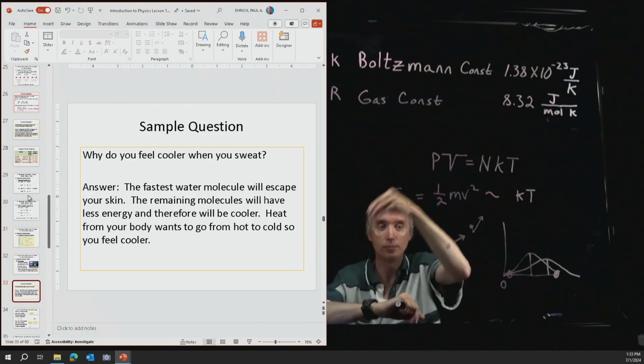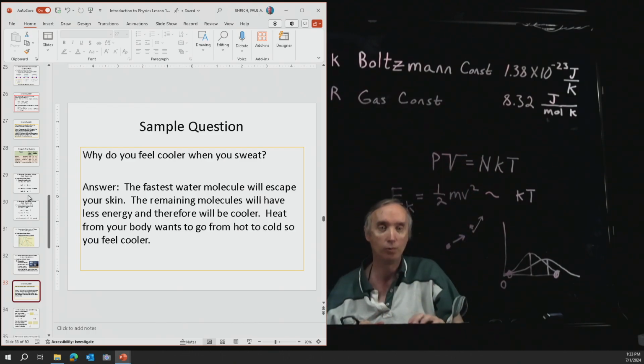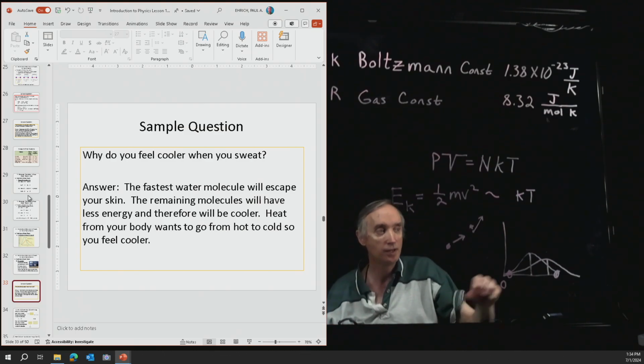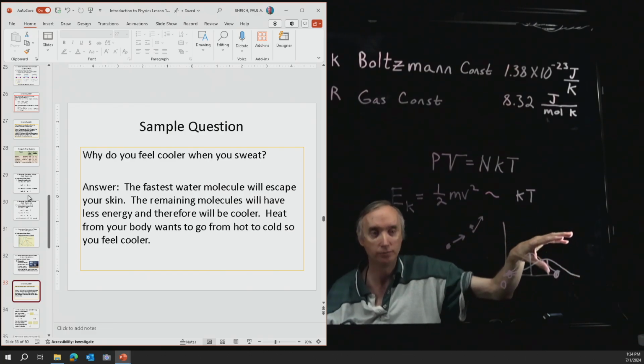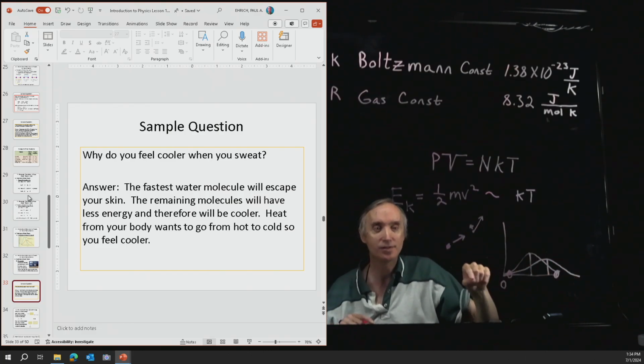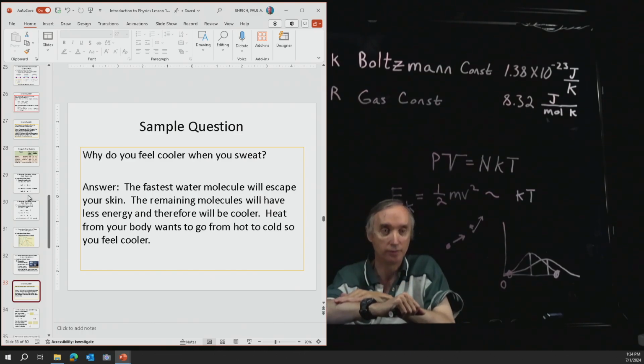So they're going to jump out of the water on your skin and are going to be carried away by the wind. The remaining molecules are going to have less energy because the energy of these fast ones has been carried away. So that means there's less energy in the water on top of your skin.